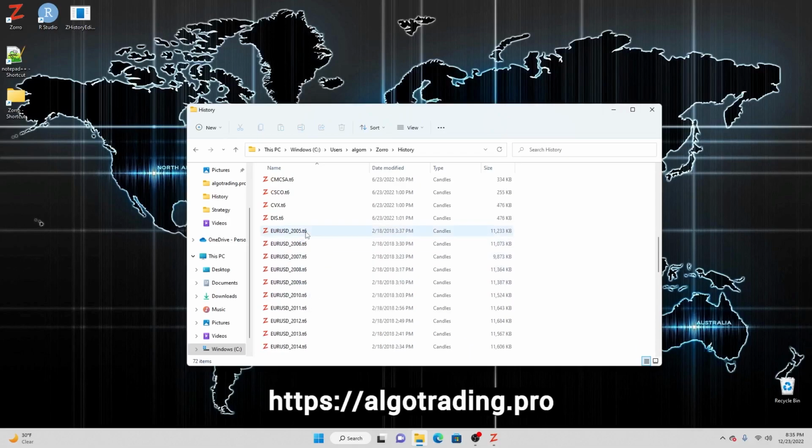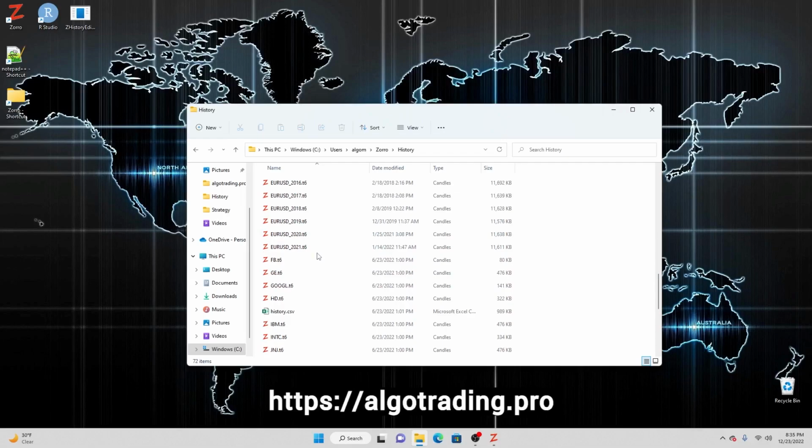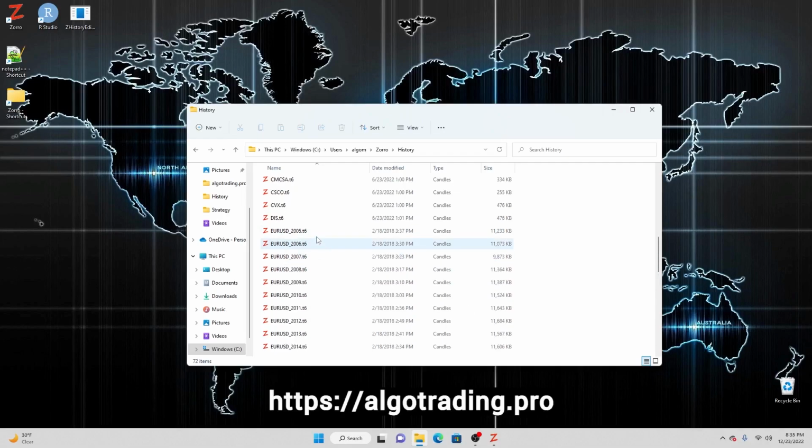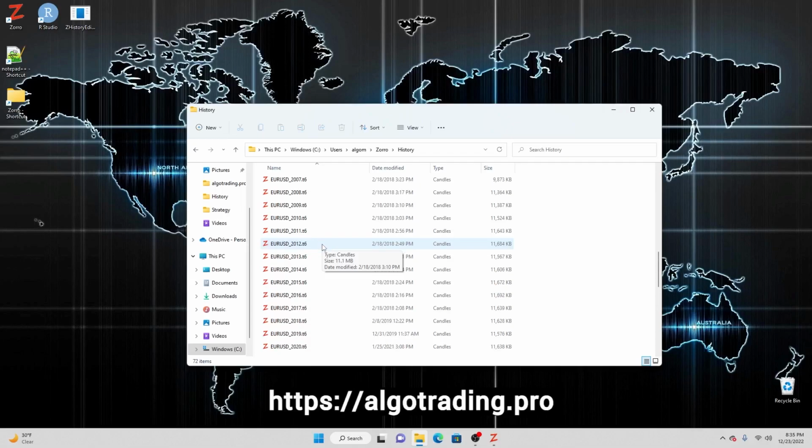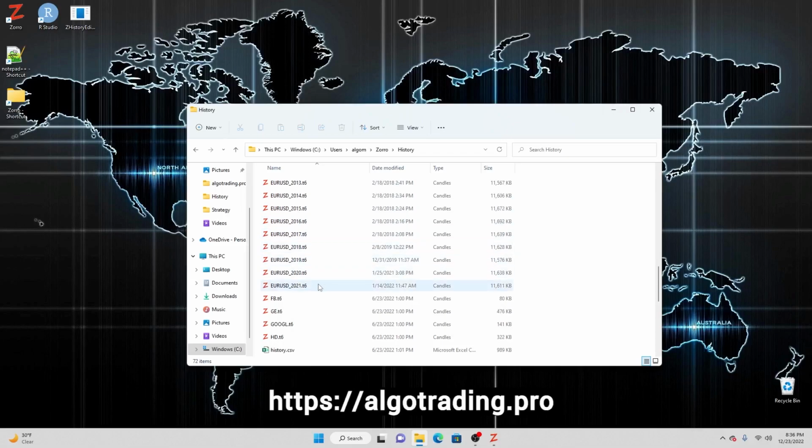Now, I think these came with my Zorro installation, so you should have them as well. Please make sure you do, because if you don't have them, you can probably obtain them from the Zorro Trader website, but they should be in your Zorro installation anyway. Make sure you have them, because otherwise it won't work.